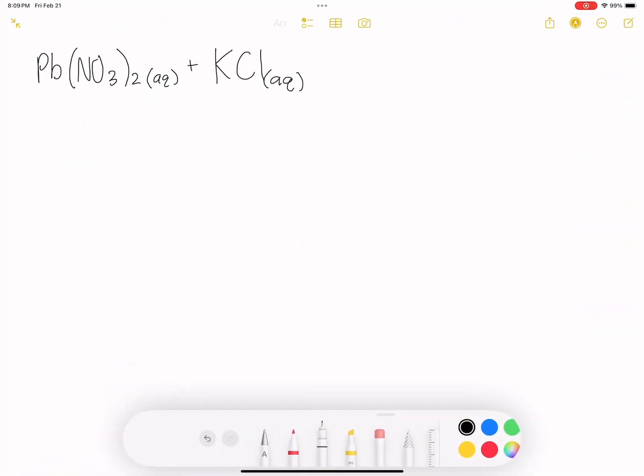Alright, so let's start. Here I have lead nitrate mixing with potassium chloride. So what is the first step with this problem? We have to make our products. We can see that lead has a +2 charge. Now we have to see what charge on the other side also has a negative charge. We see that chlorine does.